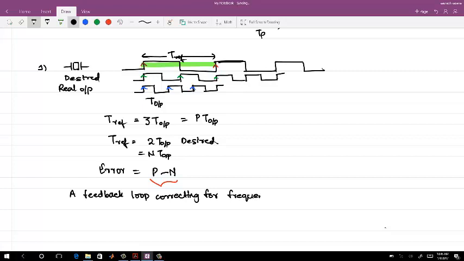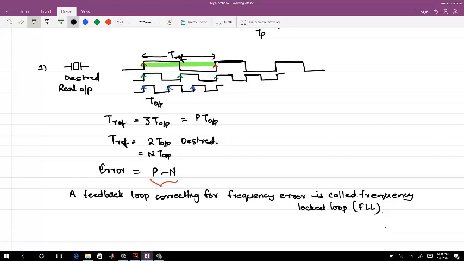Here I am just saying the frequency error, and we are just counting based in this particular case, right? A loop correcting for frequency error is called a frequency lock loop. So I think you would see the term FLL at many places.